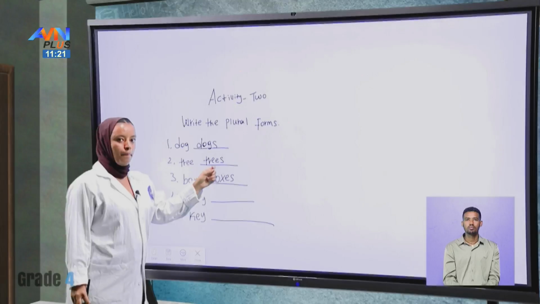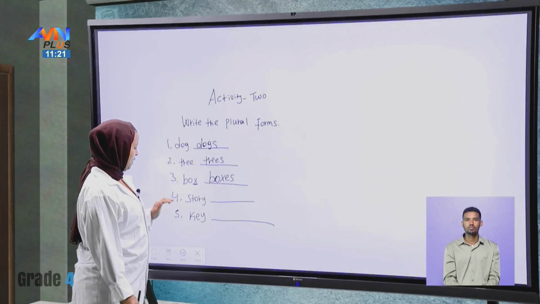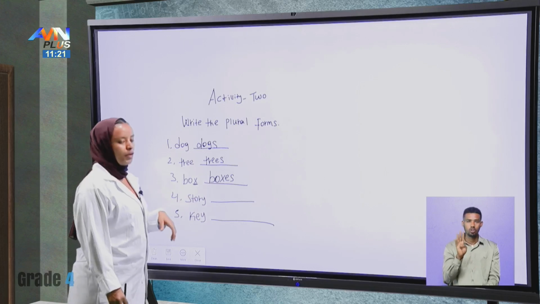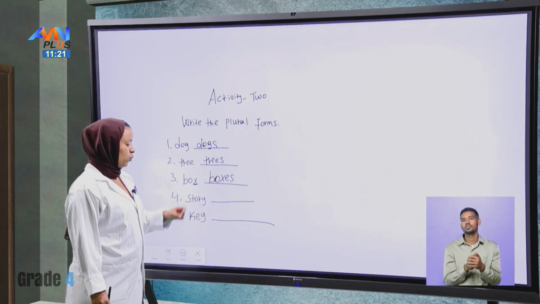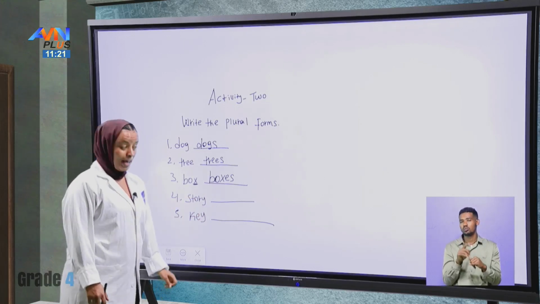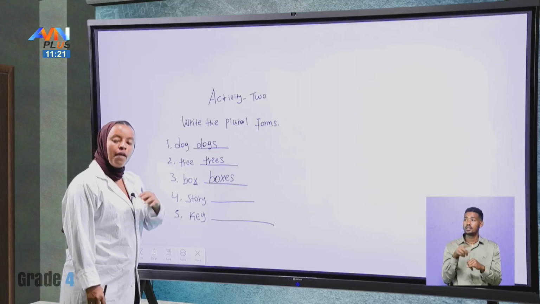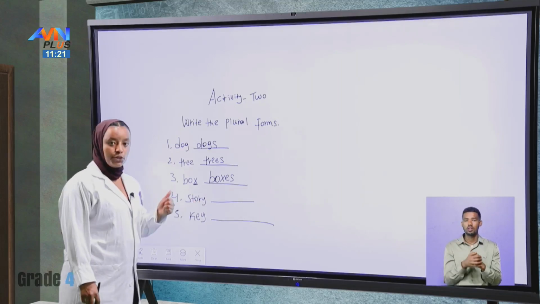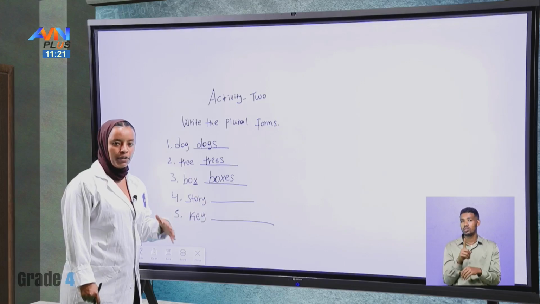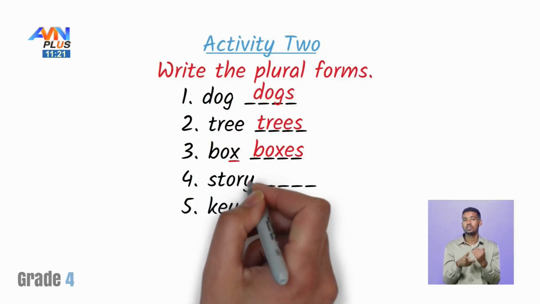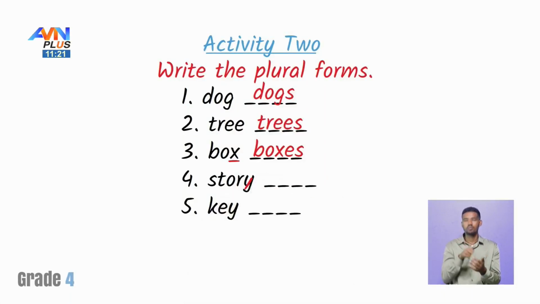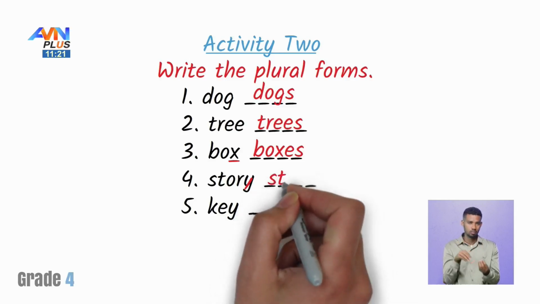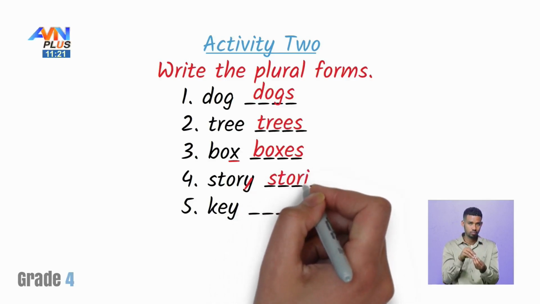Box, boxes. Here is story. Story, ending with what? Y. And also, there is no vowel before Y. Look at it, R is what? A consonant letter. So we just cancel Y and make stories.